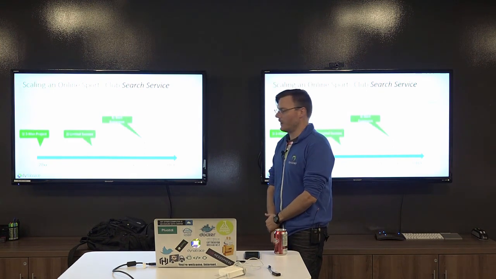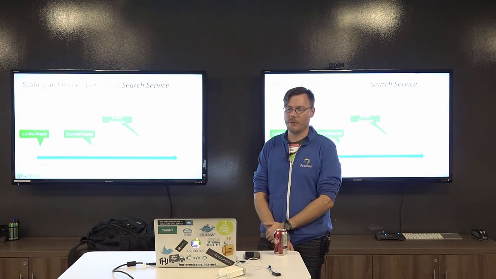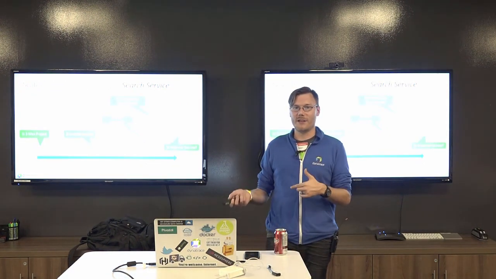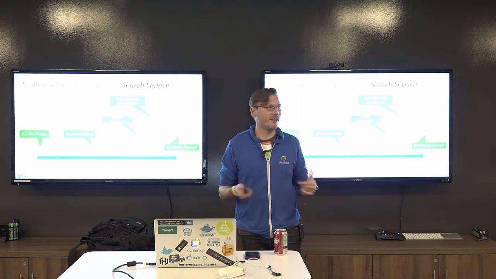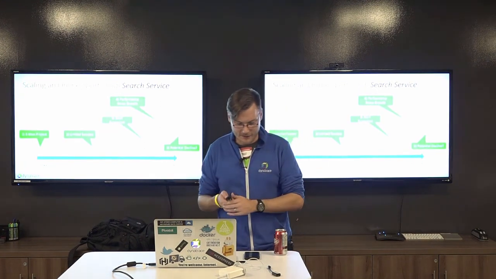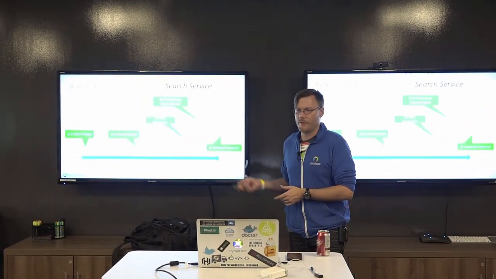So they managed to get some pretty significant expansion to their user base, but then they found a disproportionately increasing response time as well. So this is an example of an extremely poorly scaling application.